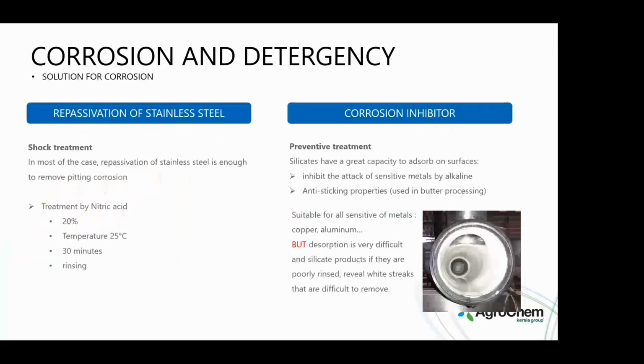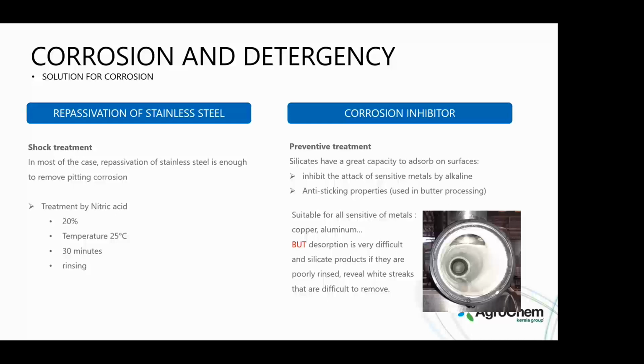And how do we avoid and take care of the corrosion? This is a slide from the food and beverage side of things, showing a little bit on the passivation of steel and then corrosion inhibitors. When a new system is put in, they're always running the passivation on the steel, helping to remove any of this pitting and bringing a treatment to the system to help this keep from pitting and to last a far longer time.